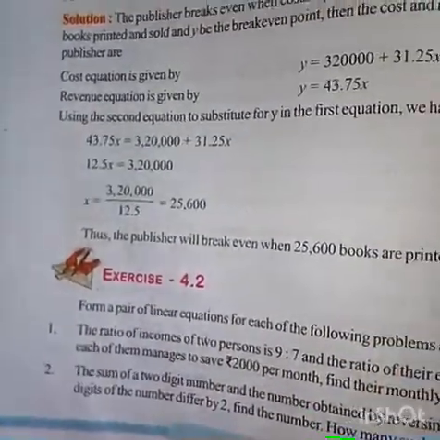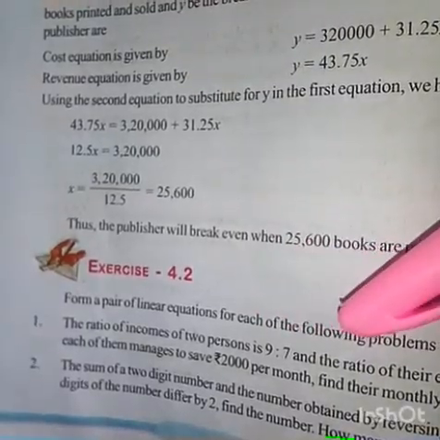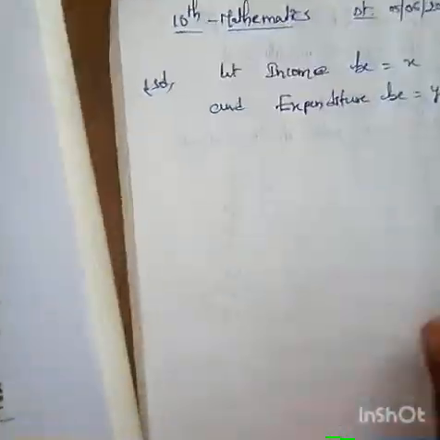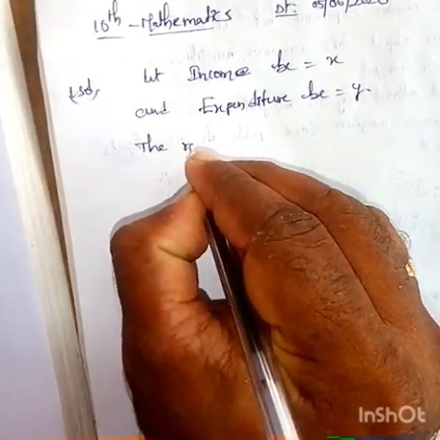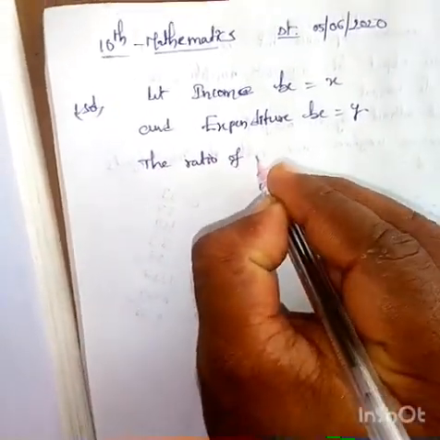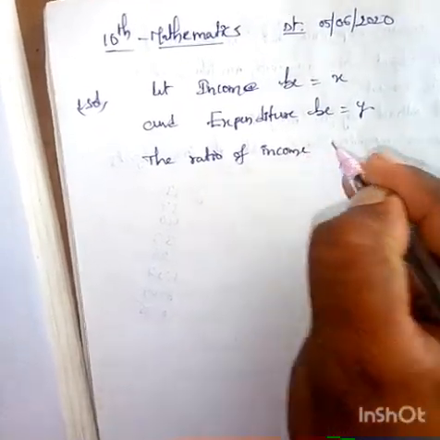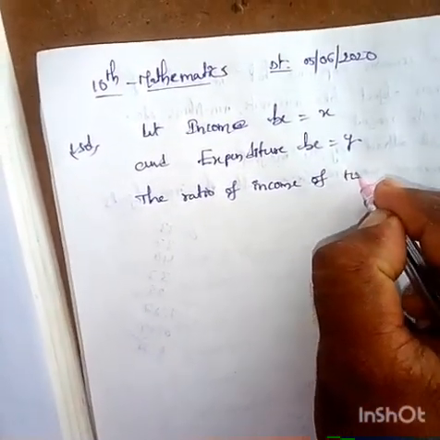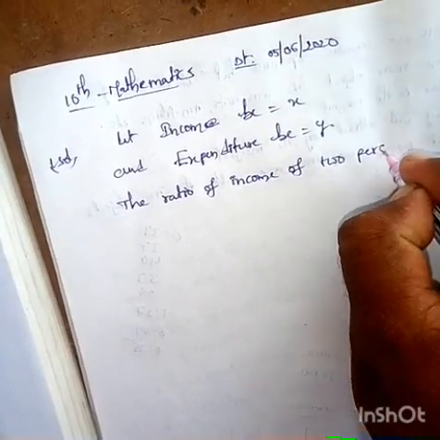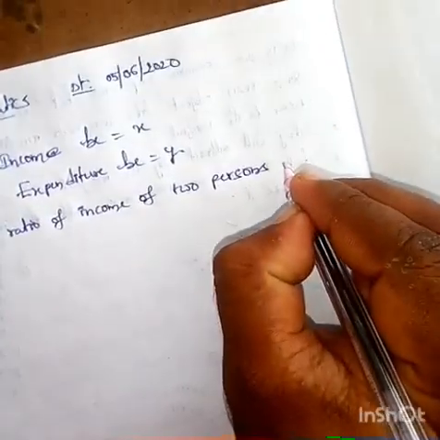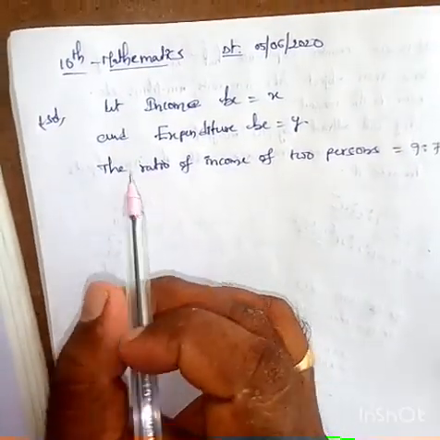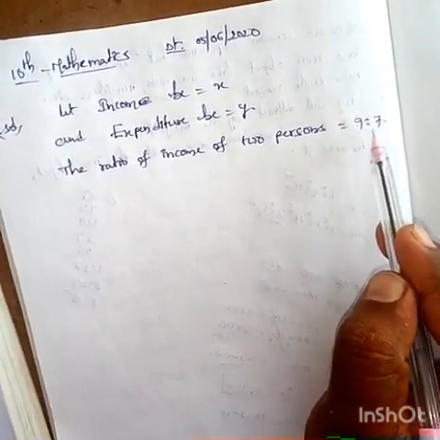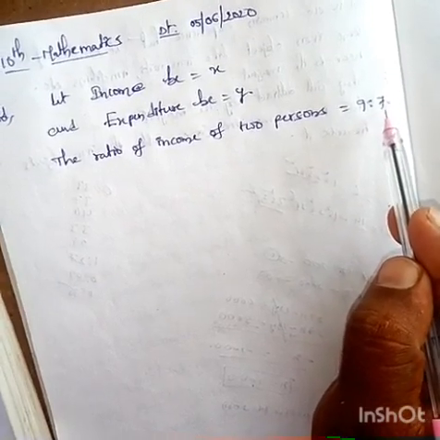If you observe the given problem here, the ratio of incomes of two persons is 9:7. So what is the ratio of incomes? The ratio of income of two persons equal to 9:7. So this is the income of first person and this is the income of the second person.